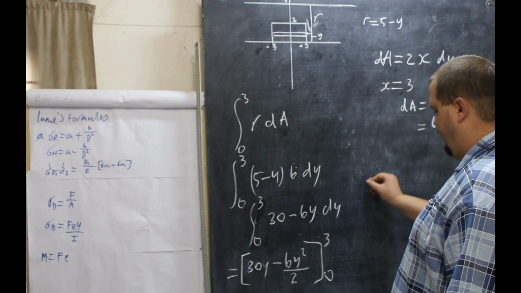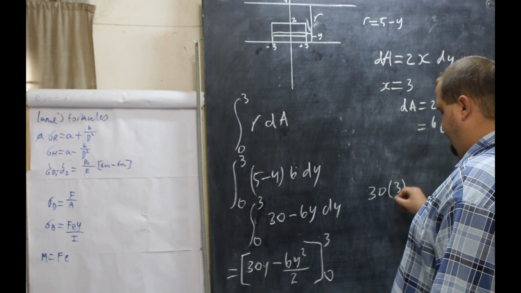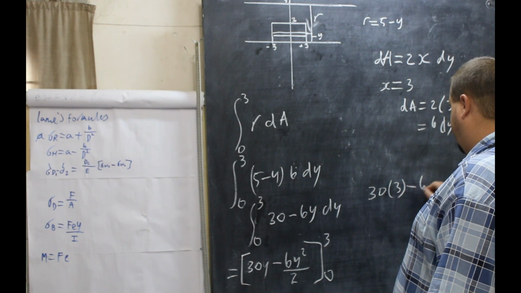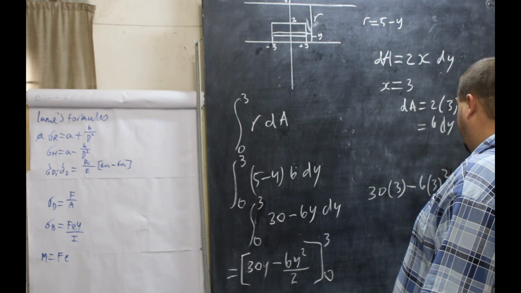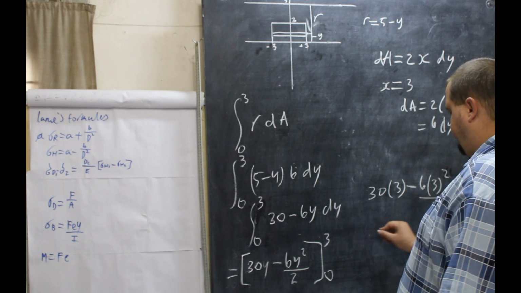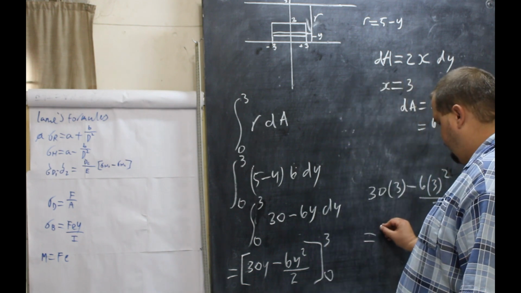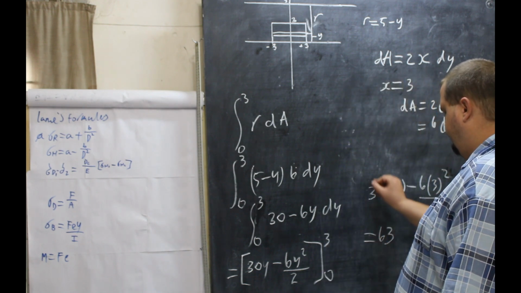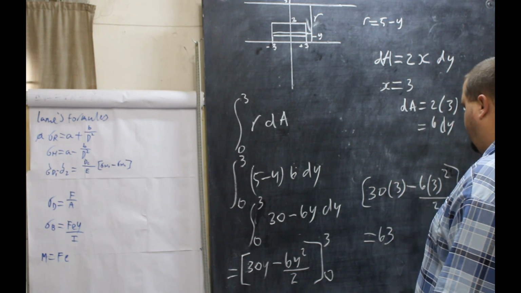So we've got 30 times 3 minus 6 times 3 squared over 2, which equals 63. And all this is minus 0.